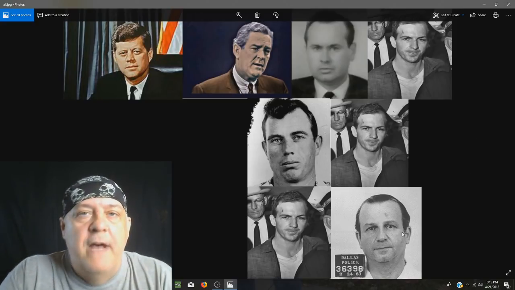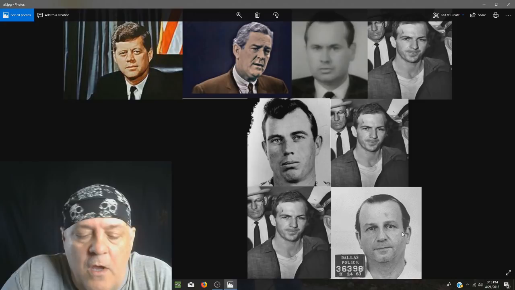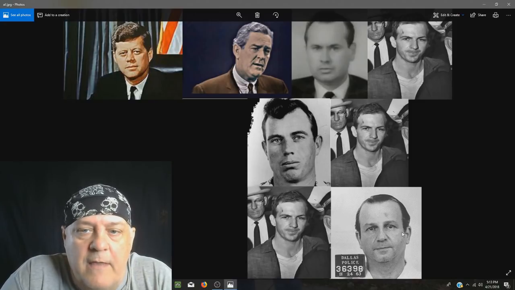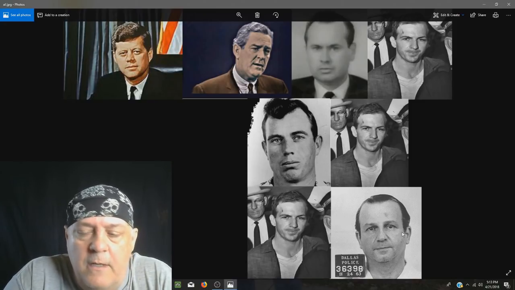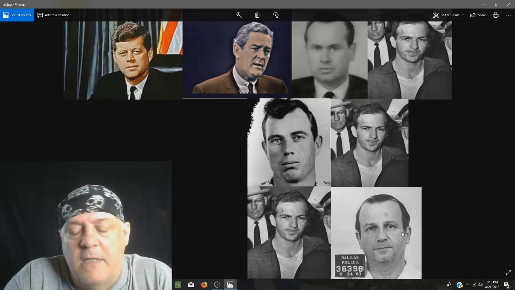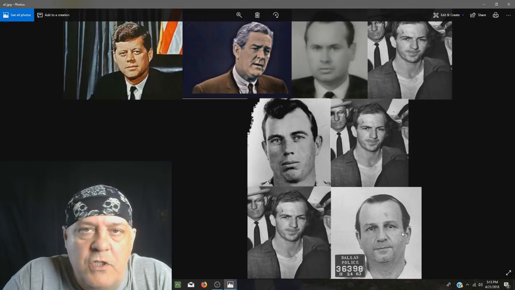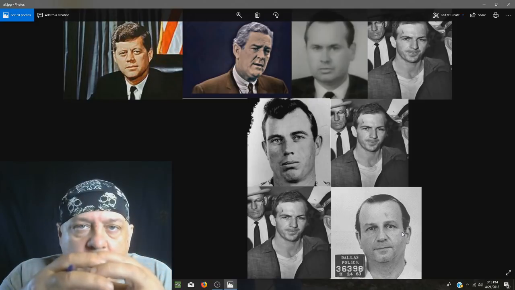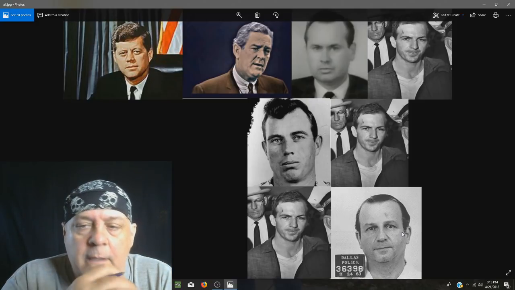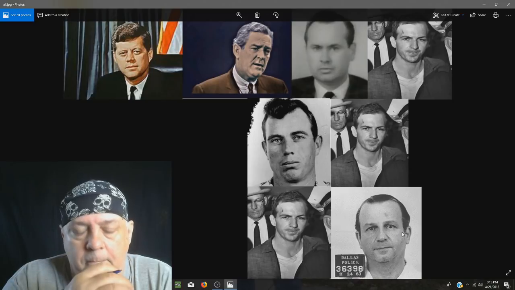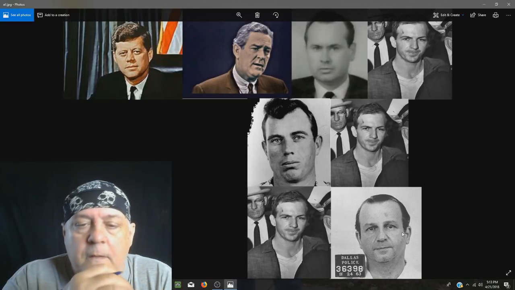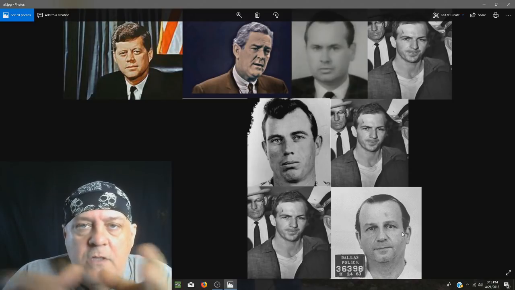This is why other JFK researchers want to put Officer Tippit into it, Jack Ruby into it, and everything else. And we get all these false claims surrounding the JFK assassination. They placed Jack Ruby at Dealey Plaza, which he wasn't.